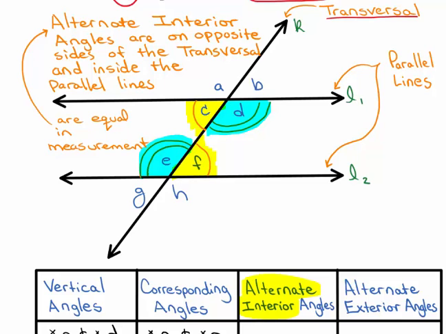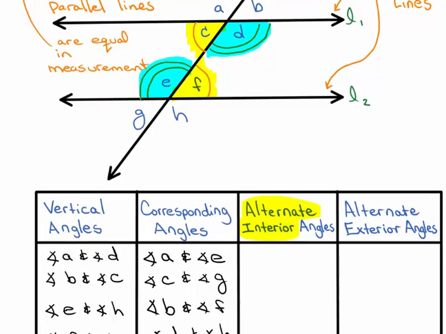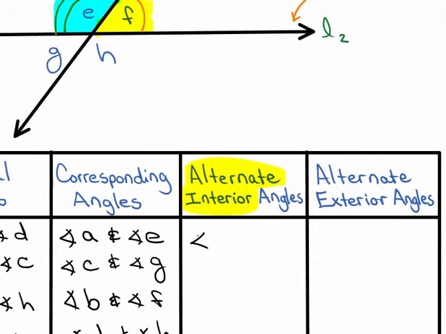Okay, let's go ahead and write those down in our chart. So we have angle C and angle F are alternate interior. And then we also had angle D and angle E as alternate interior angles. Alternate exterior angles.